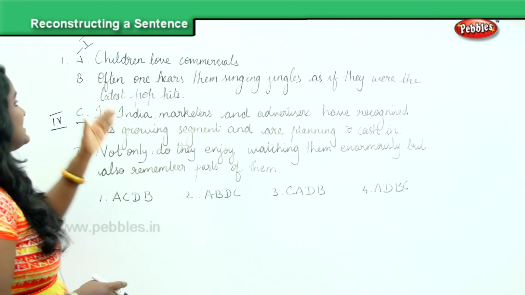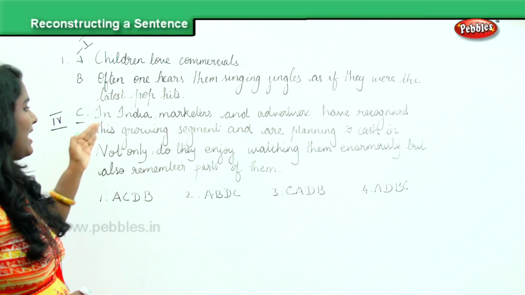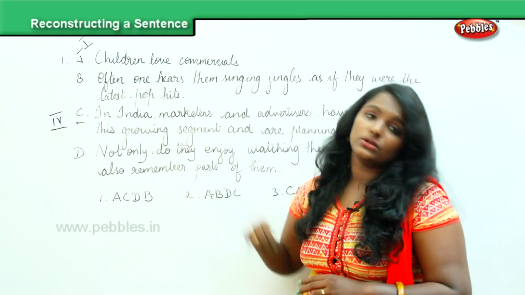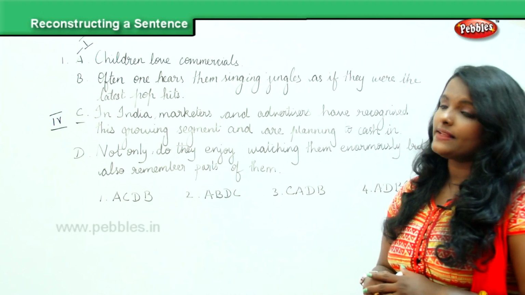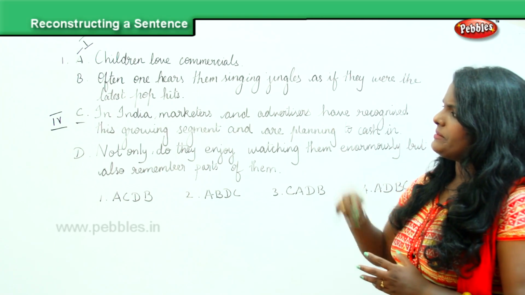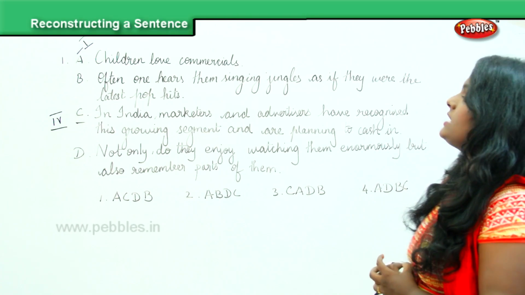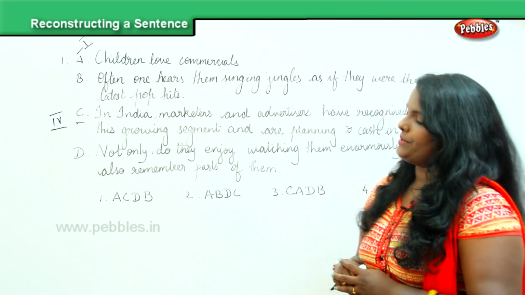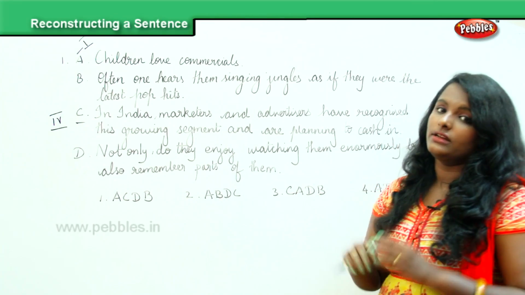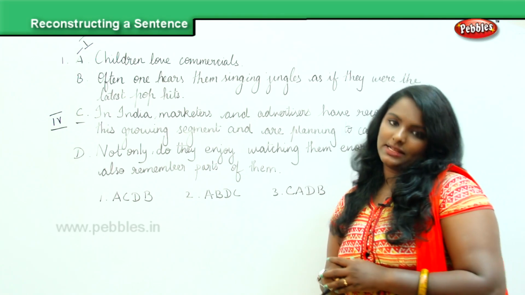So the first sentence, children love commercials, right? And we have also found the 4th sentence. Now we are yet to narrow down between the 2nd and the 3rd sentence, that's option B and option D. Option B says, often one hears them singing jingles as if they were latest pop hits. Option D says, not only do they enjoy watching them enormously, but also remember parts of them.